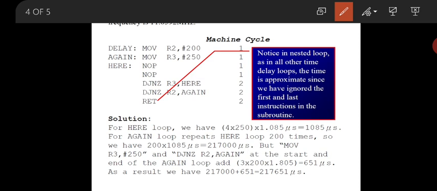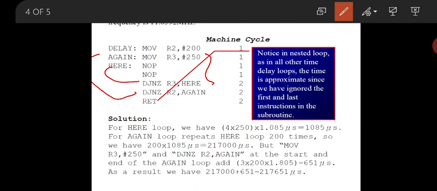There are two loops here. This one I say is the inner loop, and this one is my outer loop. The inner loop will be repeated 250 times, because R3 is executed until it reaches 0.